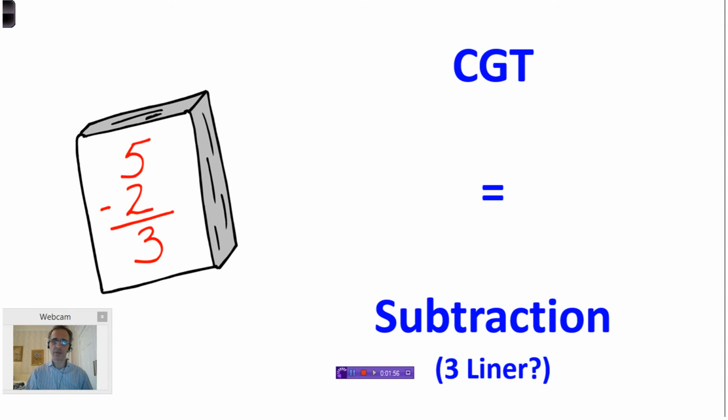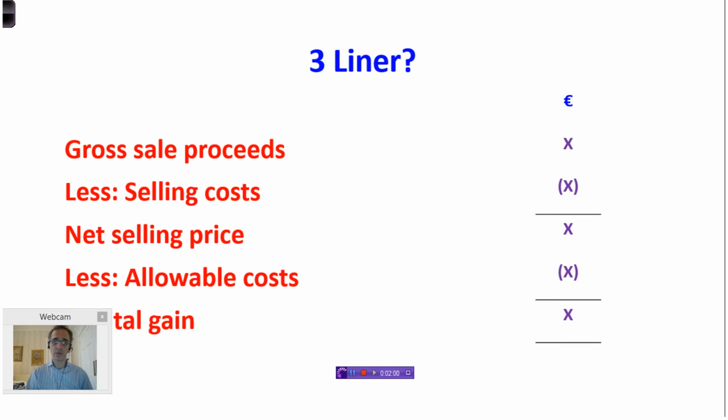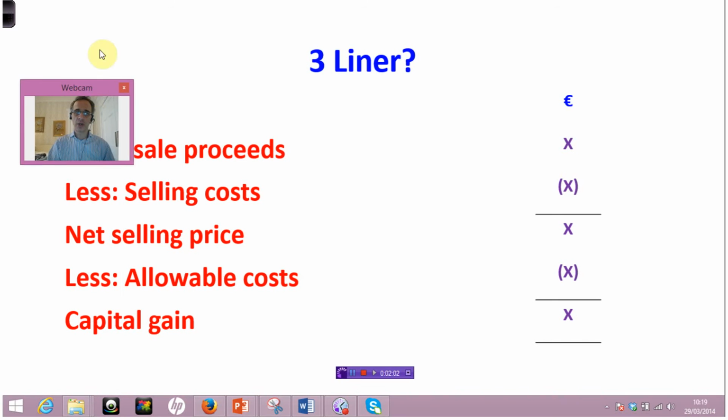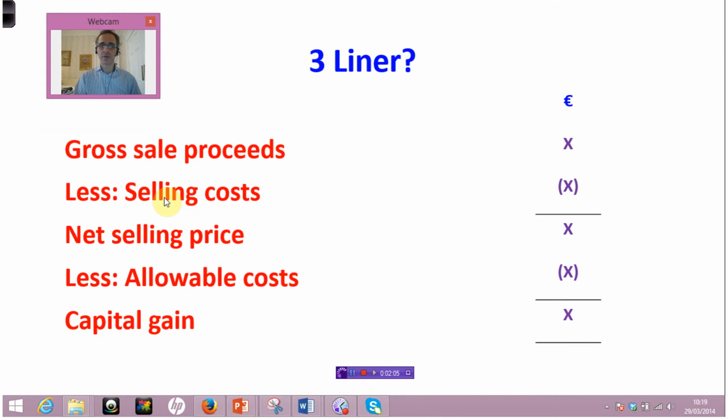Okay, so in terms of how that three-liner manifests itself in a slightly more complex way, what you'll have is types of costs, selling costs, and also acquisition costs. Selling costs might be something like perhaps auctioneer's fees or perhaps legal fees associated with the sale of the item. In addition to that, you'll have some allowable costs.